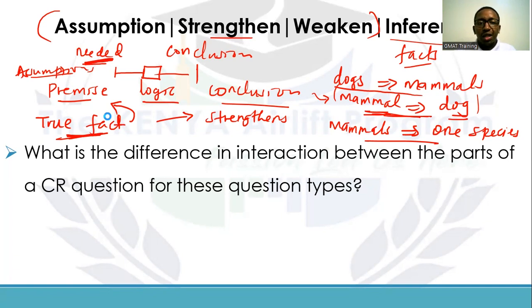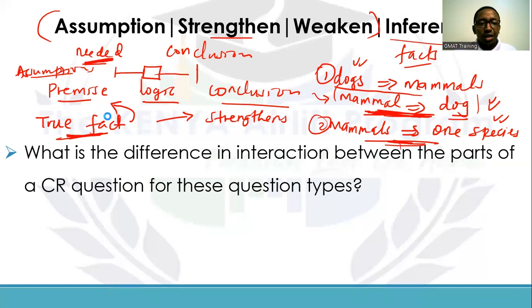So if you take this as fact and this as fact, this now tells you that mammals are only made up of one species, and we know dogs are mammals, so dogs must be this one species. So our conclusion here that any mammal you see is a dog is true. So this statement strengthens our conclusion. That's how strengthening the argument works.